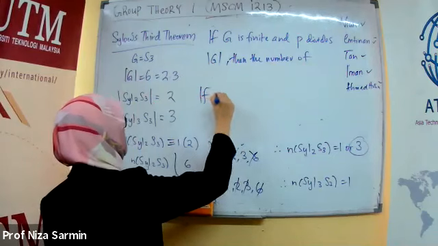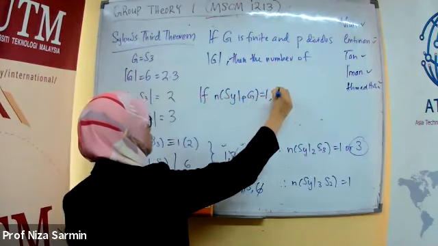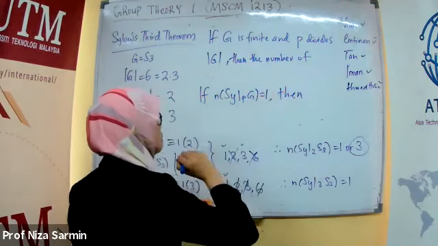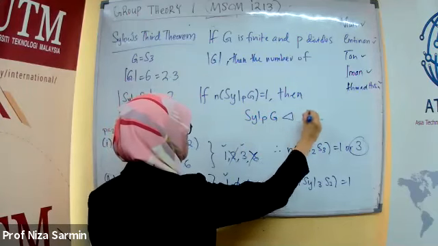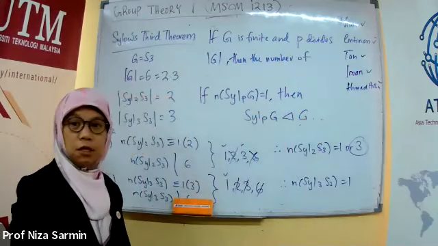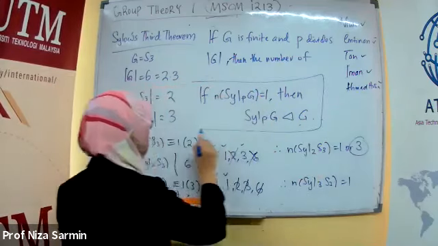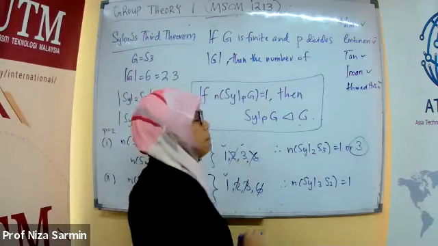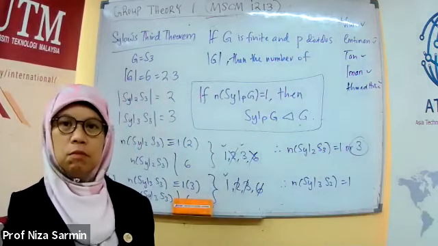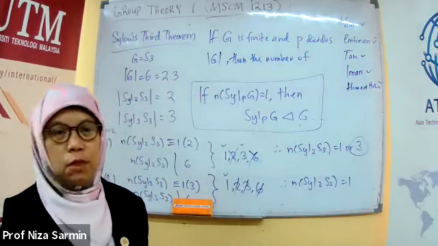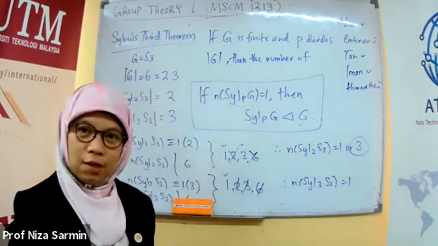If n Sylow P of G is 1, then the Sylow P of G is normal in G. So this is one way to show a Sylow P subgroup is normal in the whole group, if you can show the number is 1.